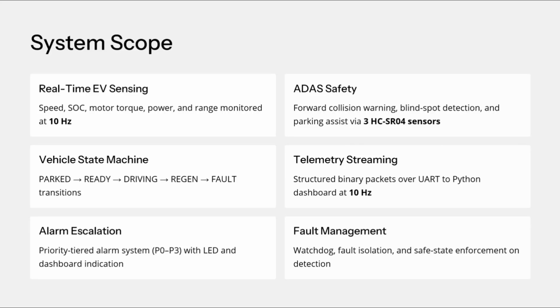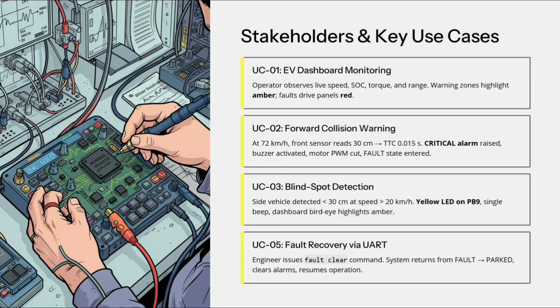Along with monitoring, it provides safety features like collision warning, blind spot detection, and parking assistance. If any fault or dangerous situation occurs, the system immediately alerts the driver and shifts the vehicle to the safe state. These are all the system scope, and we have the stakeholders and key use cases.